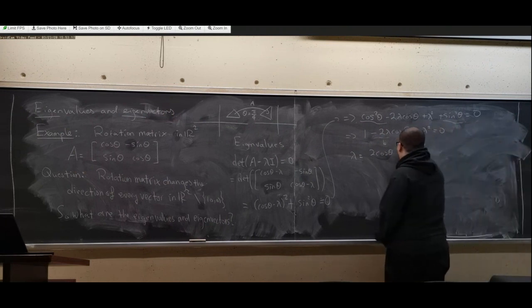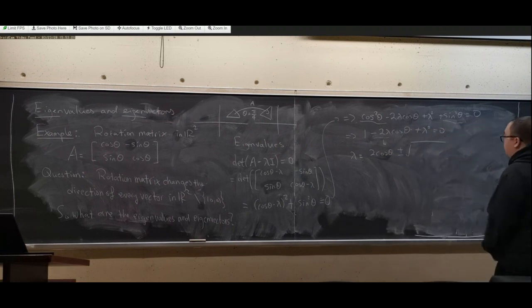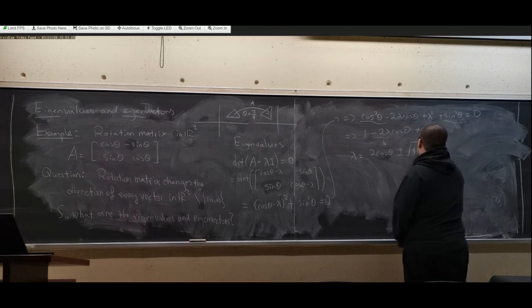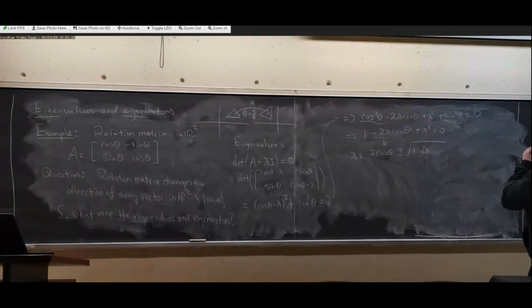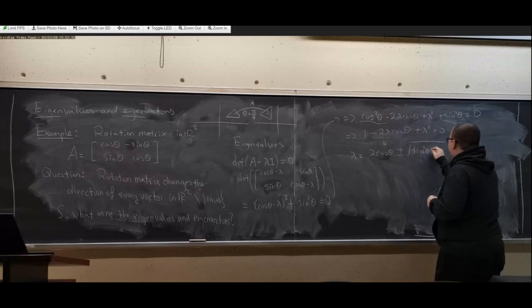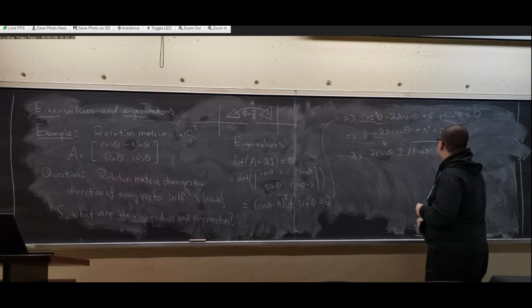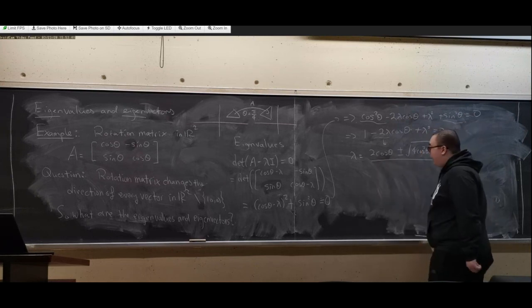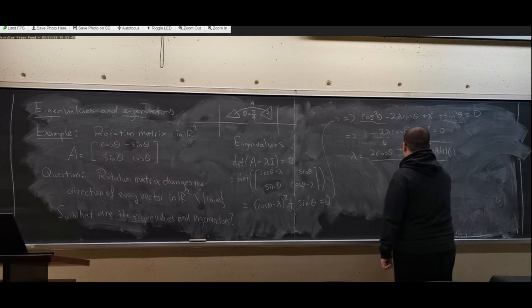Plus or minus the square root of what? b squared minus 4ac. What is b squared? Well, 4 cosine squared theta, that is b squared. Minus 4a, which is 1, c, which is 1, divided by 2a.